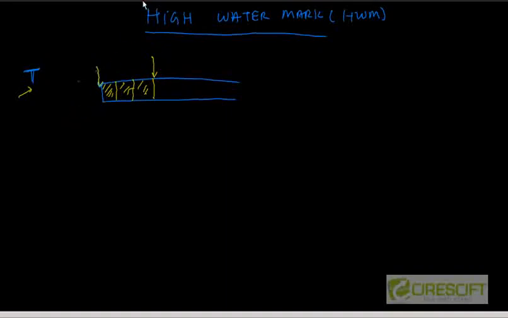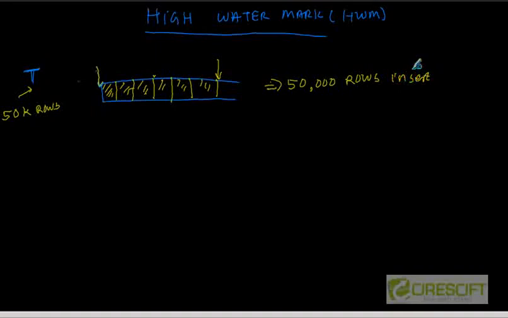Let's say we keep inserting, and we inserted 50,000 rows. We are going to have multiple blocks filled like this. Let's say this is the point when we have 50,000 rows inserted.